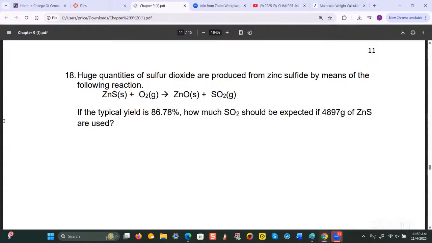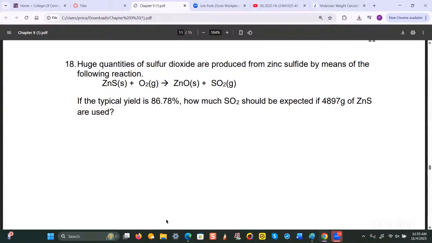So how do we go about balancing this equation? 2 here, 3 for oxygen, 2 for Zn, and 2 for S. Yeah, that's the equation that we worked with earlier. So the question says, if the typical yield is 86.78%, how much SO2 would be expected if this mass of zinc sulfide is used?